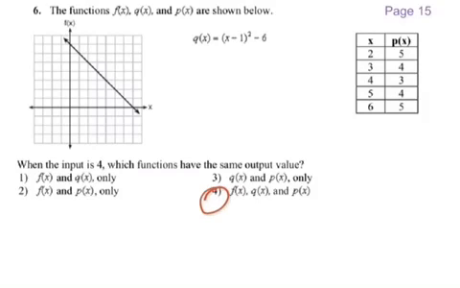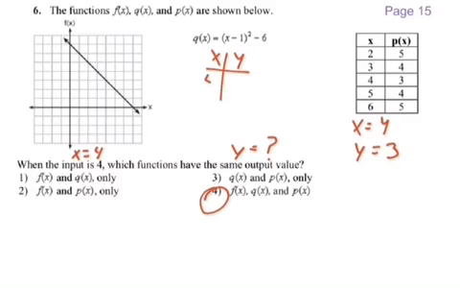In order to do this, they want you to talk about the input as 4. That means when x is 4, they're looking for what your y value is. So on this last one, when x is 4, y is 3. For q of x, you should make a table and write down when x is 4, you're going to notice y is 3.